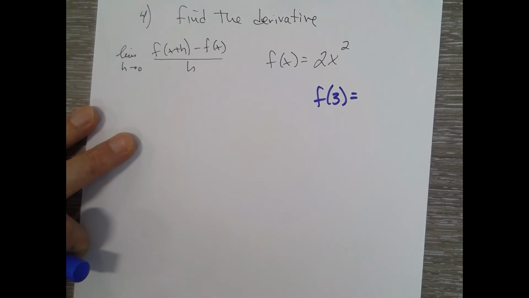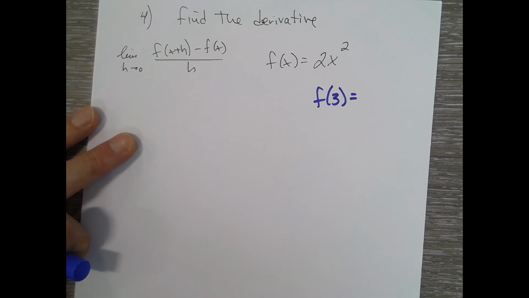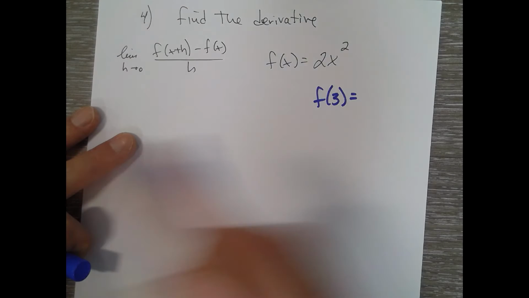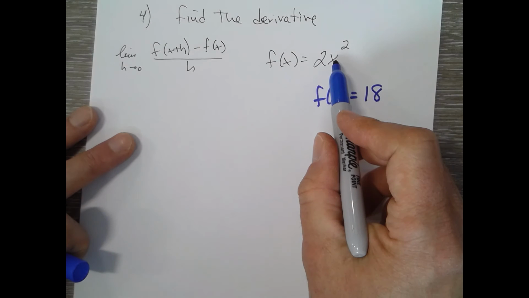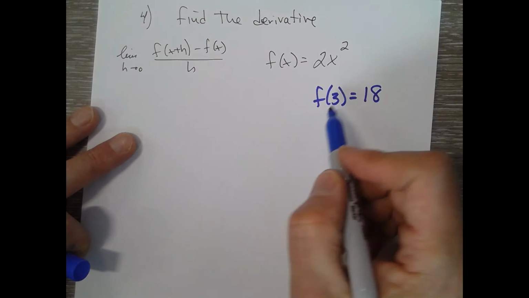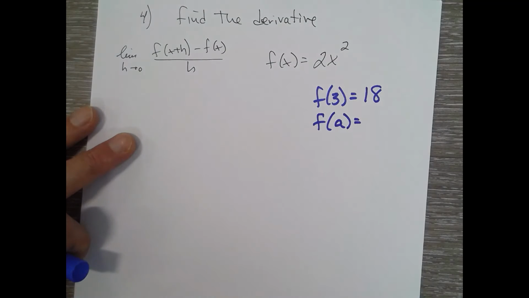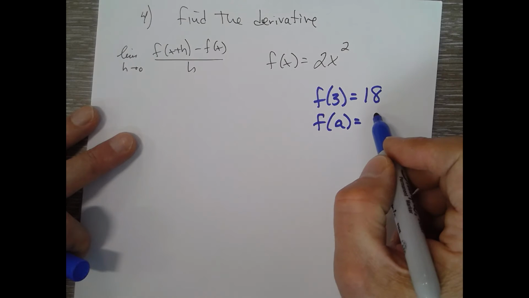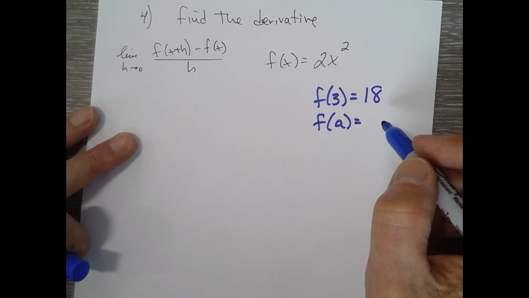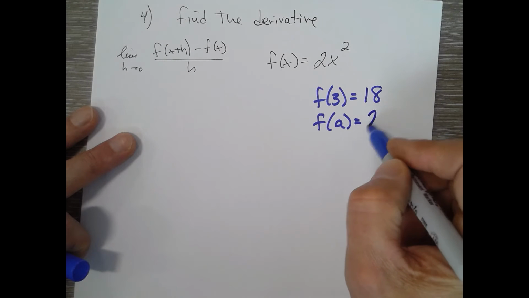36? No, you have to square first. 18. Yep, f of 3 is 18 because you plug 3 in, square it, and multiply by 2. What if I ask you to find f of a? 2a squared.